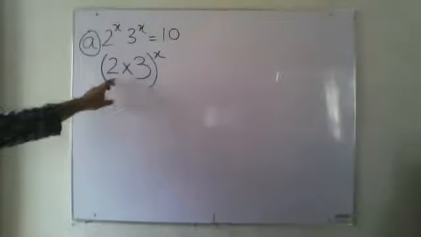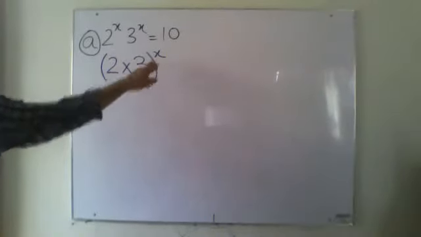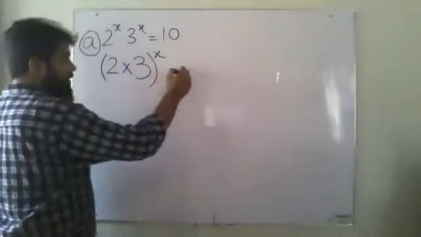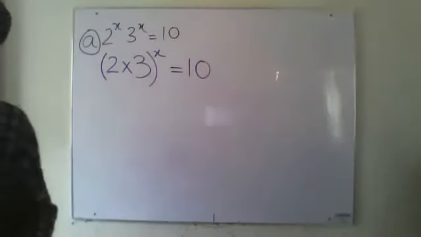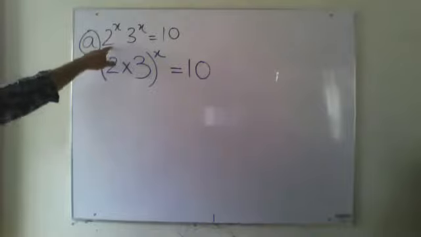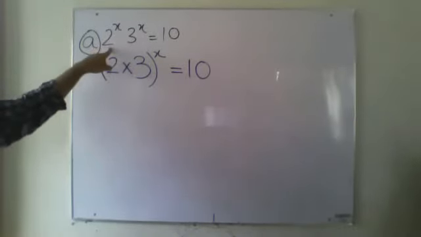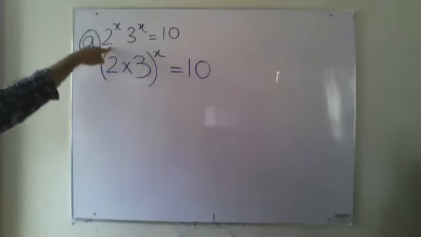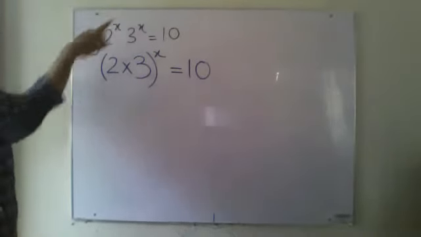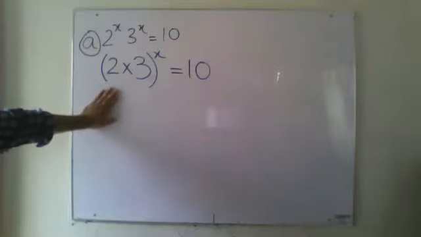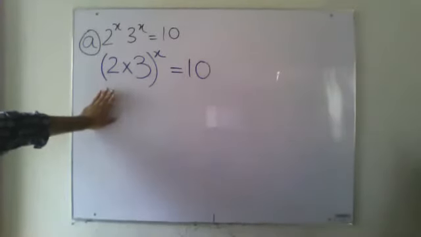So (2 multiplied by 3) to the power x equals 10. Why have I done this? Because these two are in multiply form and they have the same power. That's why I have written it in this form.